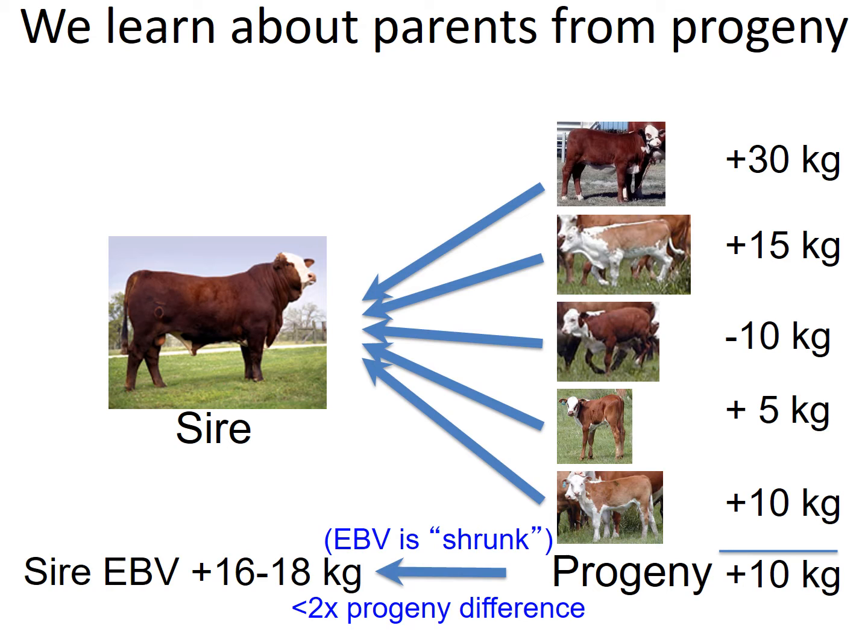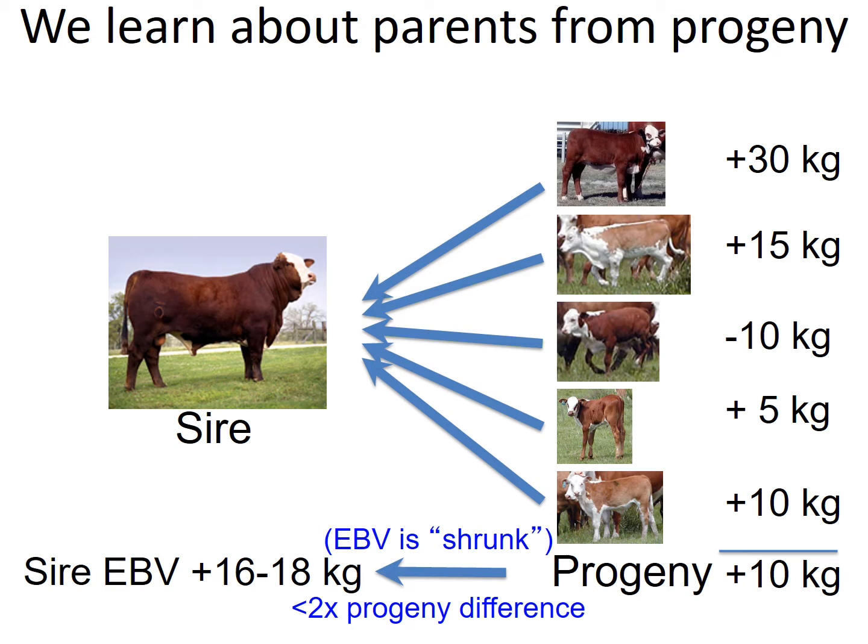If the offspring of this bull is from a relatively small cohort, then I can't trust that average difference of plus 10 kilos as much as I could trust it if it was based on hundreds or thousands of offspring. And the statistical methods that we use to predict breeding values is something that's known as a shrinkage estimator.